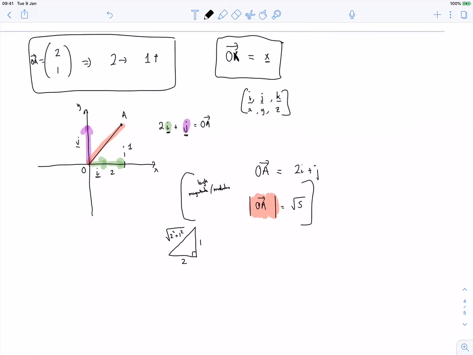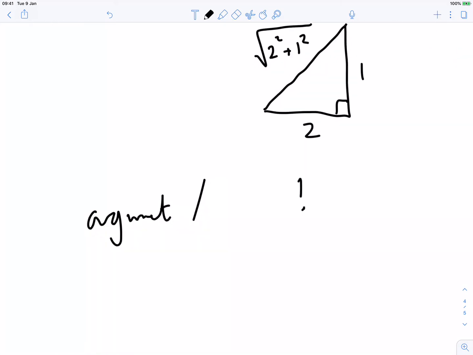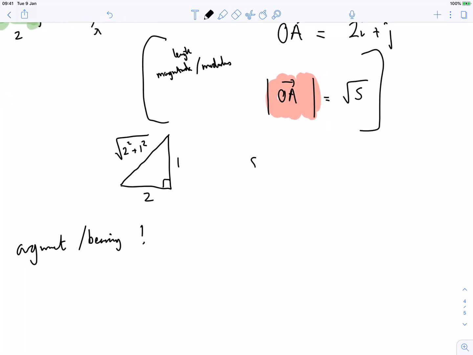Okay, and just like in the complex stuff, you might be asked for the argument. Or you might be asked for the vector as a bearing. There's no shortcut to this. The only thing you have to be really careful of is using very basic trig. For example, SOH CAH TOA.